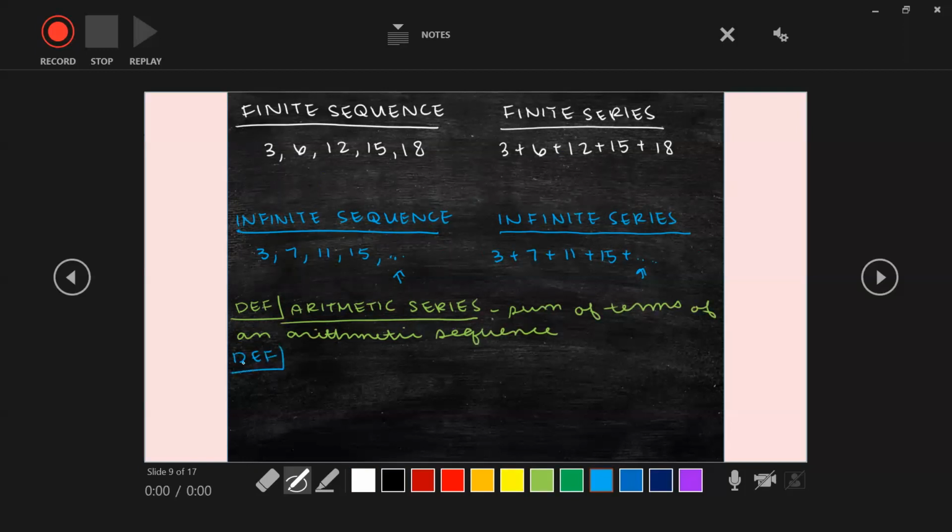Lastly, this one is super important. It is the sum of a finite arithmetic series, and this is a formula.